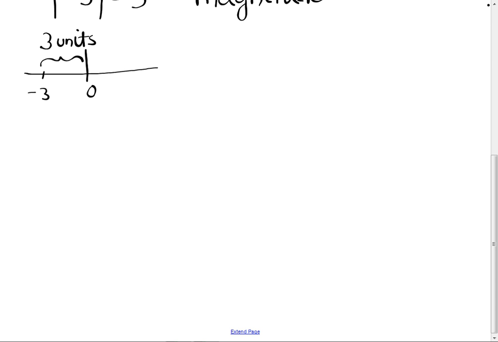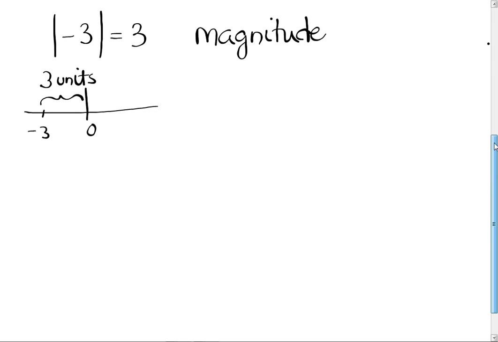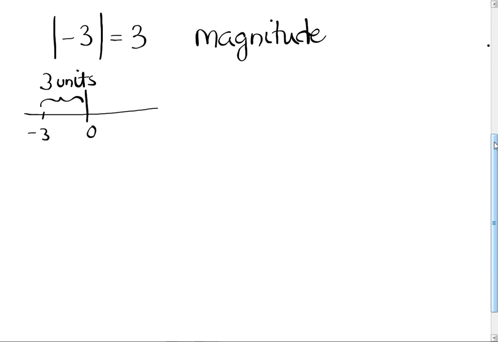Now, there are just some rules that you need to know about absolute value. If you have the absolute value of A times the absolute value of B, you can rewrite that as the absolute value of A times B, and vice versa if you want.